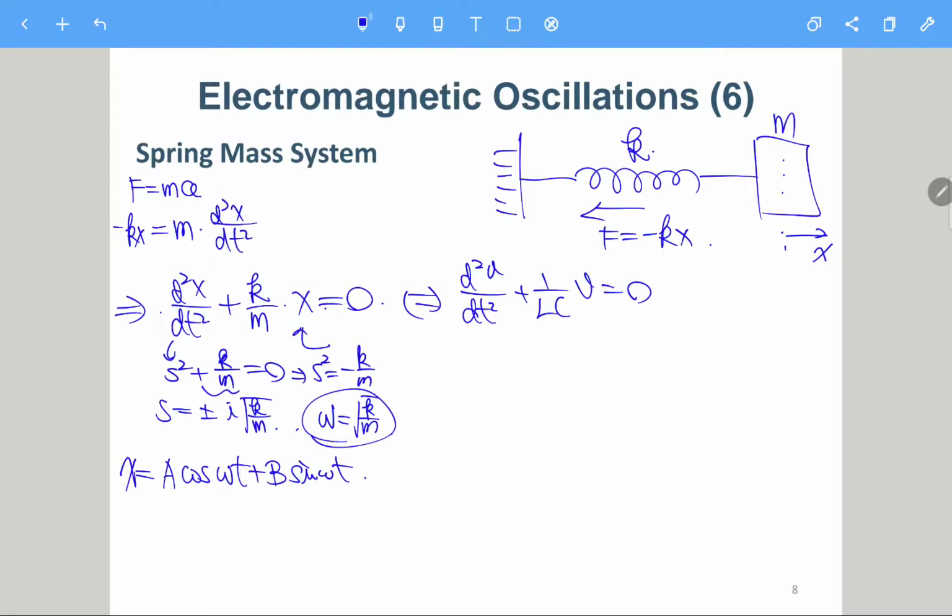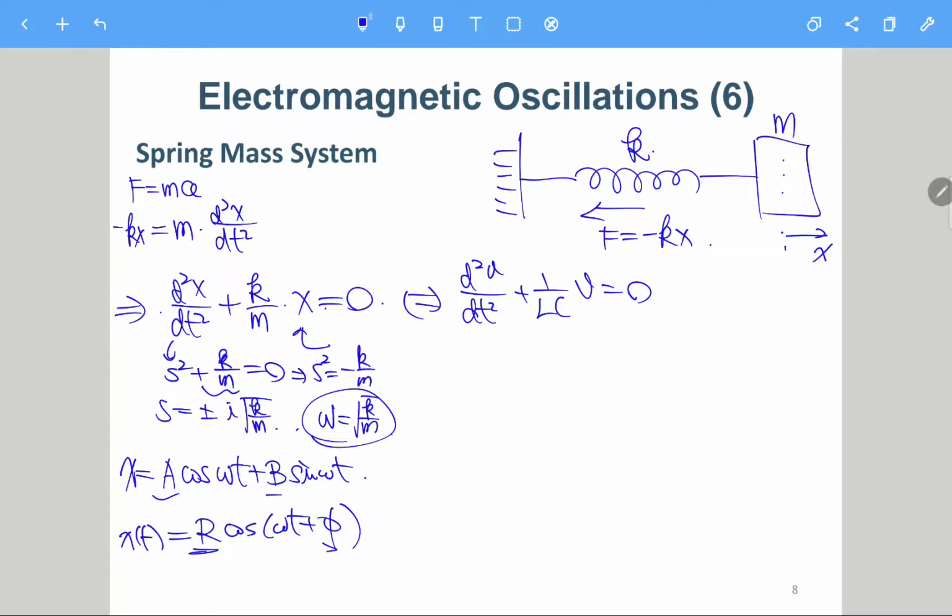We actually need the initial condition to determine A and B. But if we don't really care about the initial condition, usually you will just write x of t equals R times cosine omega t plus phi, where R is the amplitude and phi is the phase.